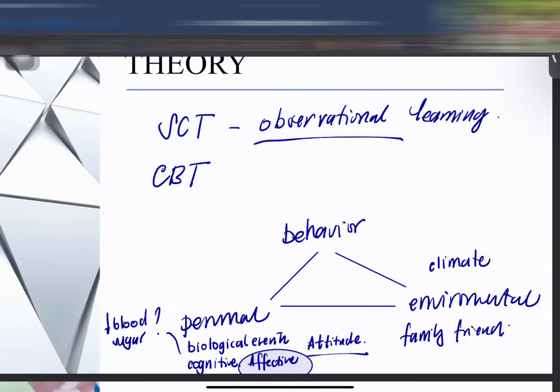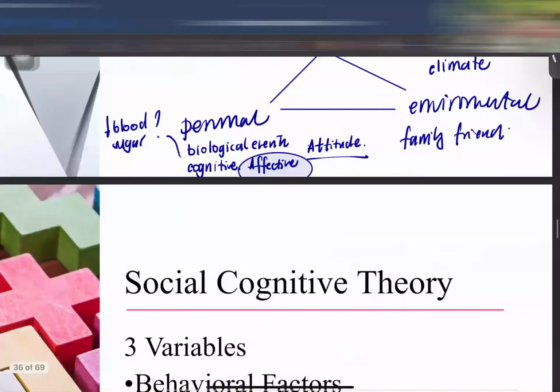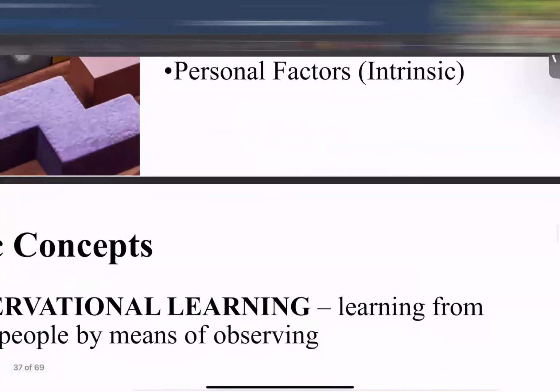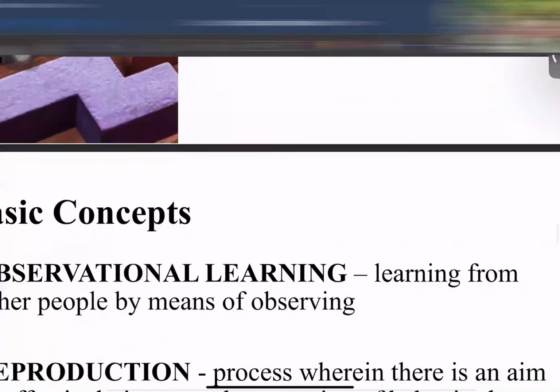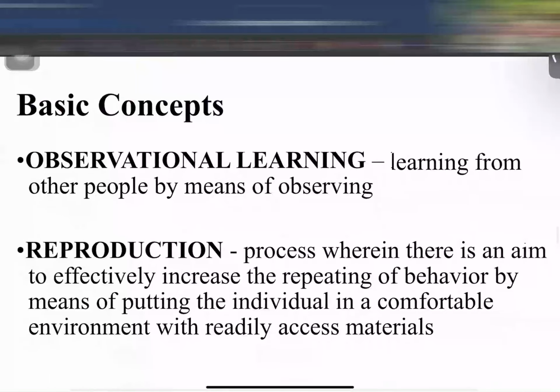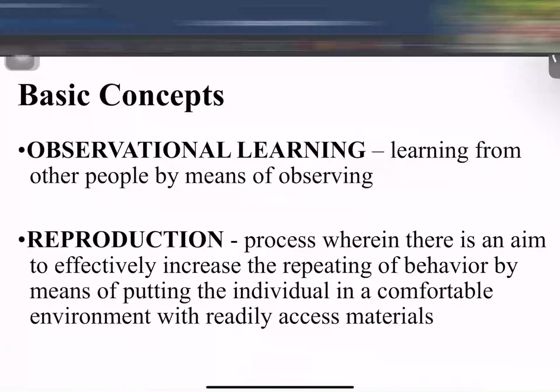You learn from other people by observing them, an effective way of gaining knowledge and altering behavior. So what do we mean class by observational learning? Pag titingnan po natin, for example, I'm your instructor in nursing, and I'm demonstrating the procedure in front of you. And then you're trying to mimic the procedure, you're trying to do it properly as well, or you're trying to copy how I do it.